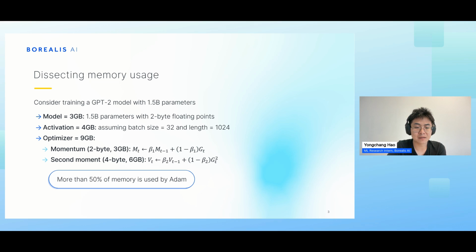And the optimizer, Adam, will probably take 9 GB. The reason is it has the momentum, which can be stored in 2-byte floating point numbers. That will take 3 GB. And there's also the second moment, which is 6 GB because it usually requires 4-byte floating point. So with this example, you see that more than 50% of memory is used by the Adam optimizer.